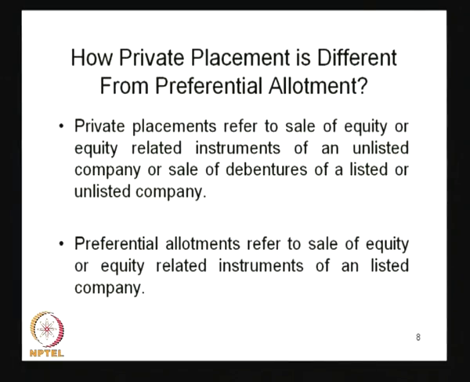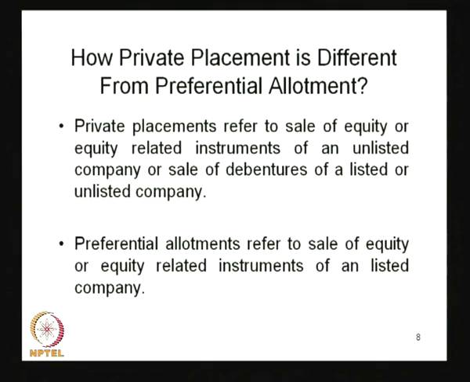So, this is the notion we always have, but if you want to know exactly the difference between the private placement and the preferential allotment, we can see that the private placement refers to sale of equity or equity related instruments of an unlisted company, or sale of debentures of a listed or unlisted company.